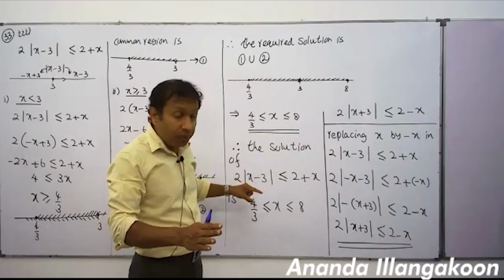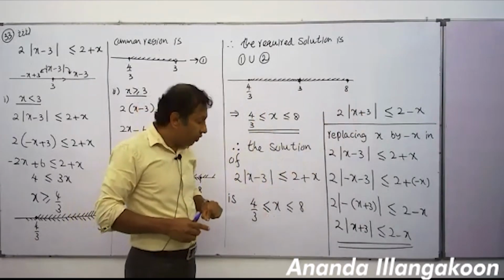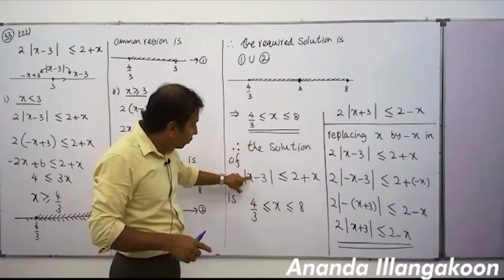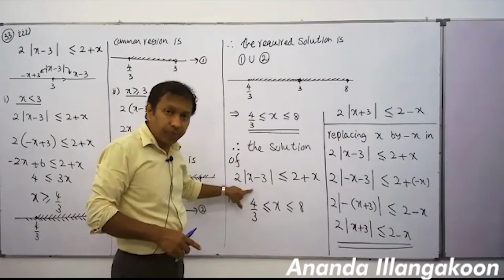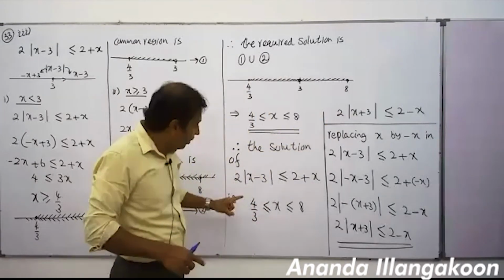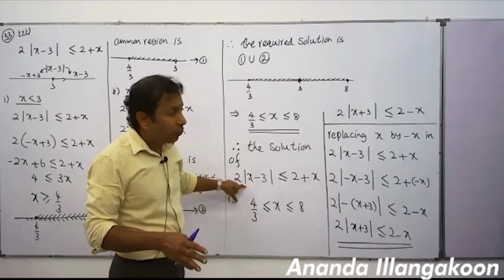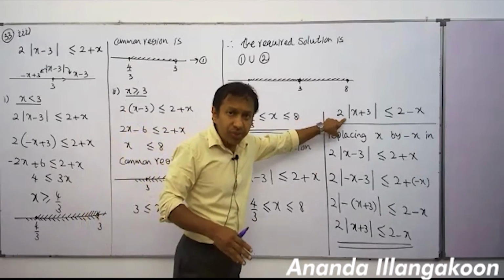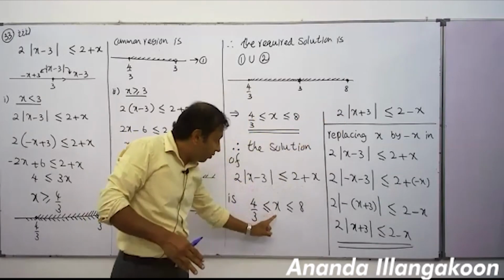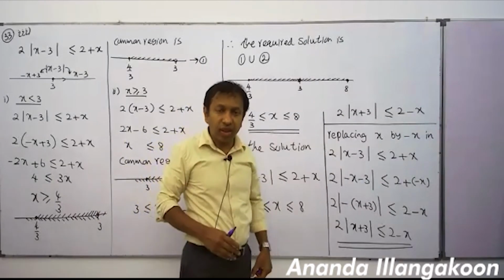So the solution of this we should get by replacing x by minus 6 in the solution of this. We could obtain this one by replacing x here by minus 6. Understand? That is the argument.